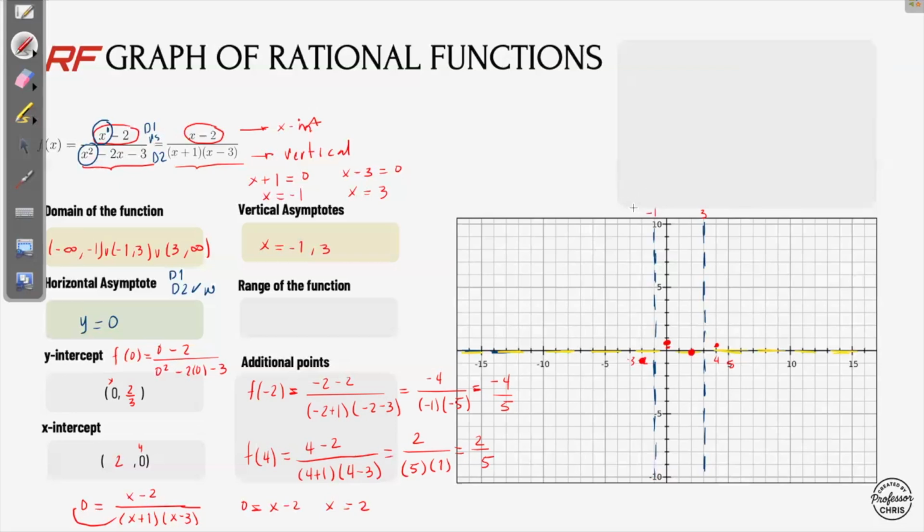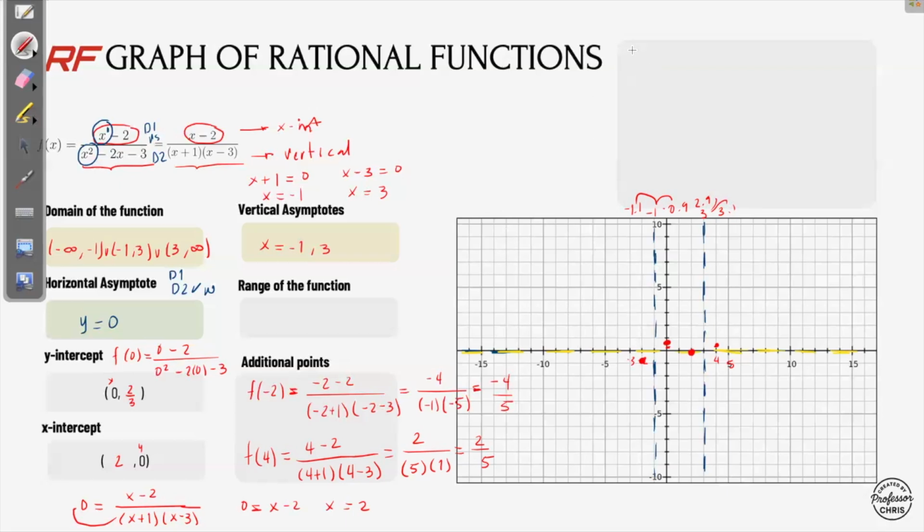You could say -1.1 and you could use -0.9. Those are very, very close to -1. Same for the 3, you could use 3.1 and you could use 2.9. Those two are very near the 3.